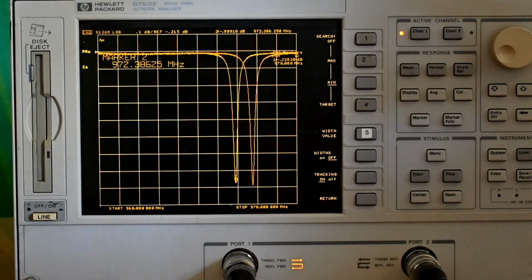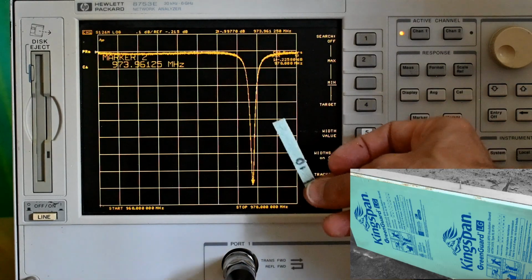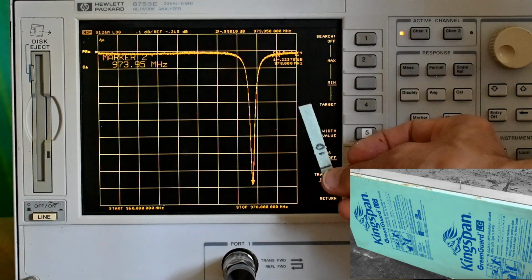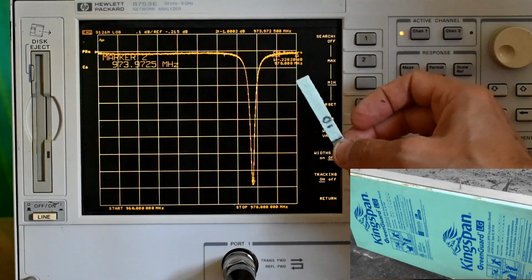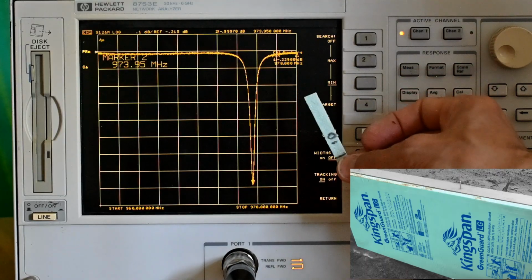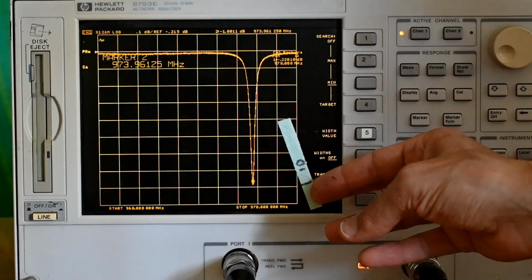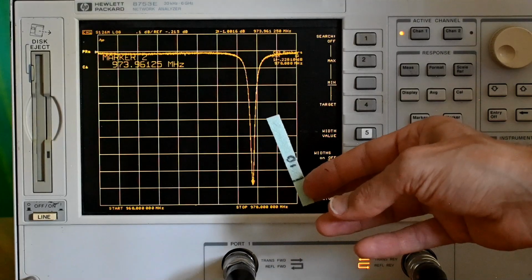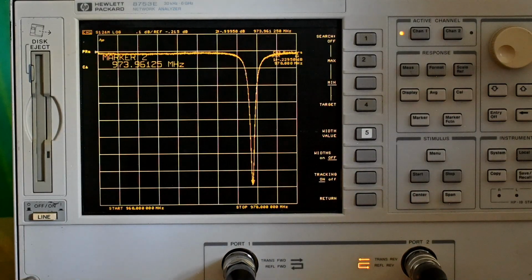All right, so that was our Teflon sample. Next we have a piece of green foam. This is insulation foam, sold at your local home improvement store. If you're in the United States, they sell this stuff that you stick on walls to insulate. It turns out that both the green and particularly the pink foams that you can buy are pretty close to lossless and are very good for antenna testing and things like that, because they're low loss materials.